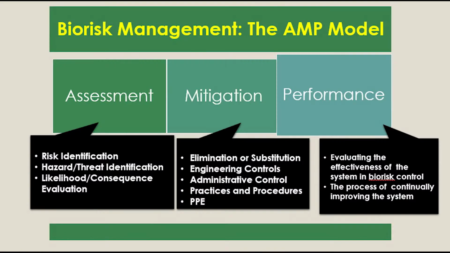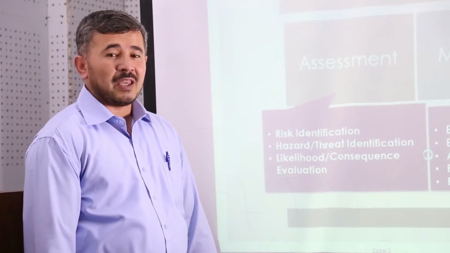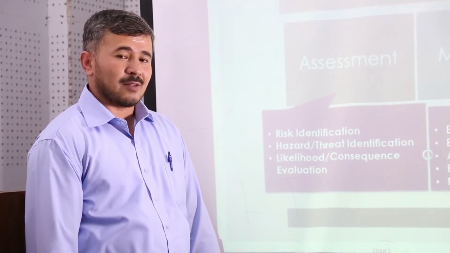In the second stage, we will reduce, control, and mitigate the risk associated with the biological materials. So we can do elimination or substitution, engineering control, administrative control, practice and procedure, and use of PPE, which we are discussing today in this lecture.